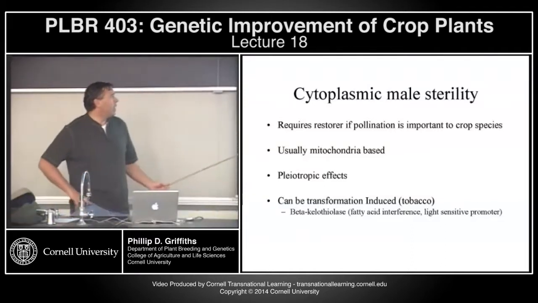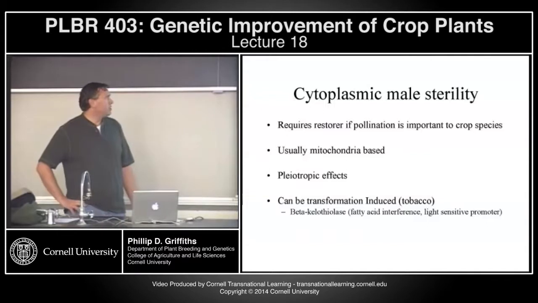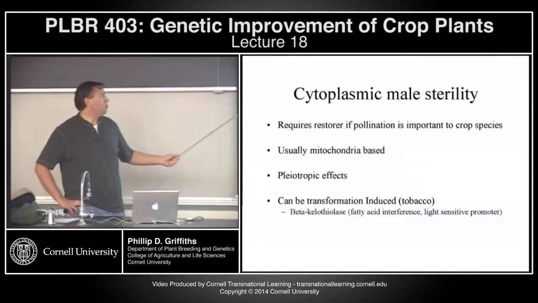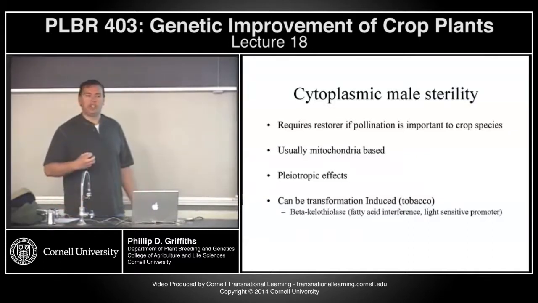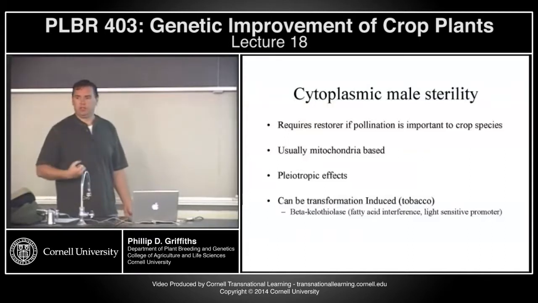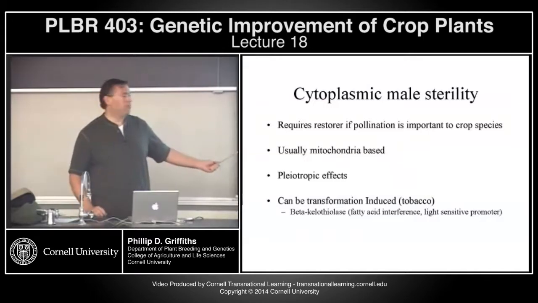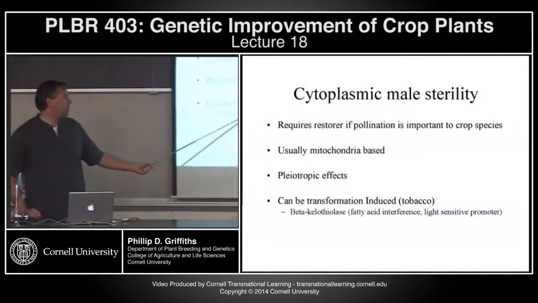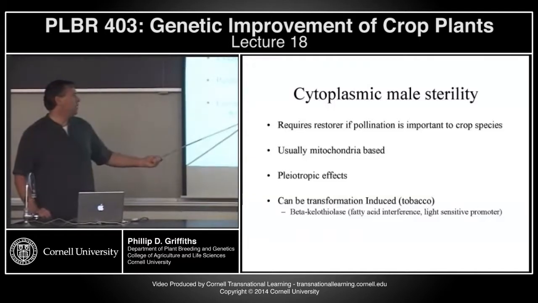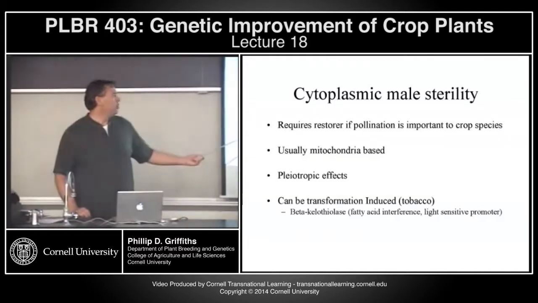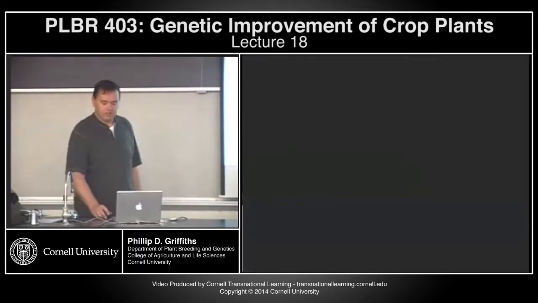In the case of cytoplasmic male sterility, as I mentioned, it's usually mitochondria-based and often has effects beyond the male sterility itself. Pleiotropy is one gene affecting the expression of other genes in the plant. This can also be created in the lab through transformation approaches. This has been shown in tobacco using a fatty acid interference gene.